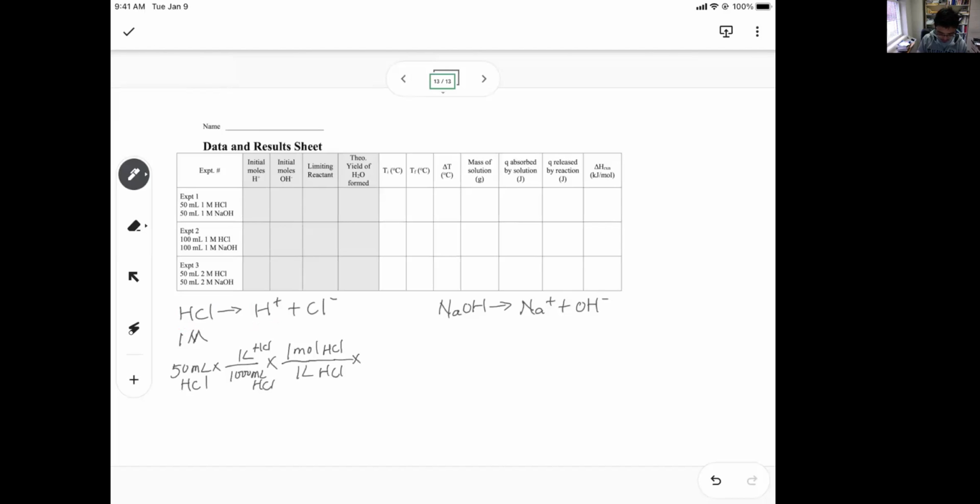So you have 1 mole of HCl, 1 mole of H+, and then you get the mole number of H+, and divide by the total volume. It is still 50 ml at the bottom. Then you will get the same concentration of H+, 1 again. Does that make any sense? You look very confused. Okay, all right.